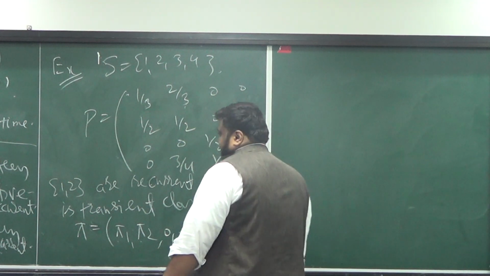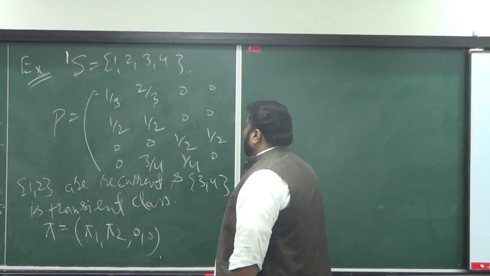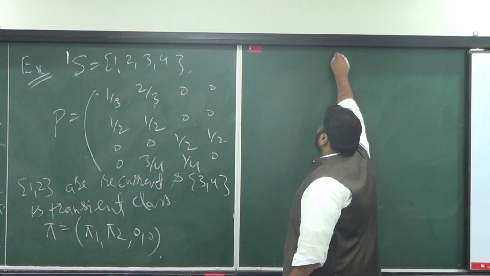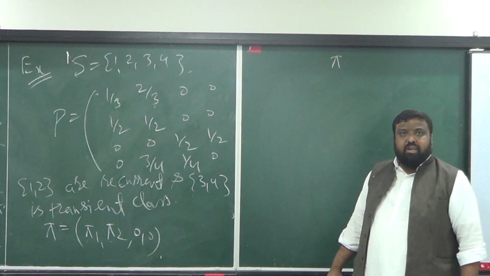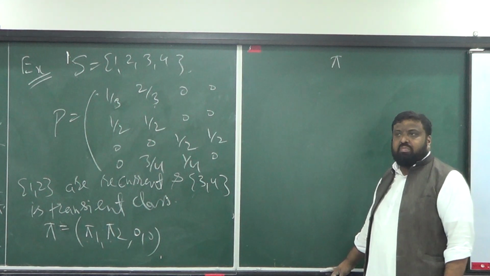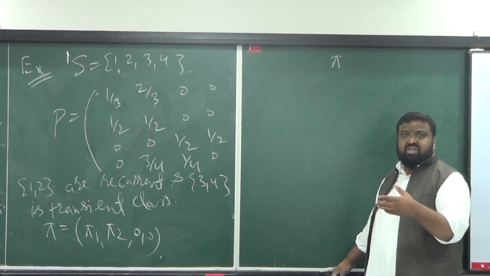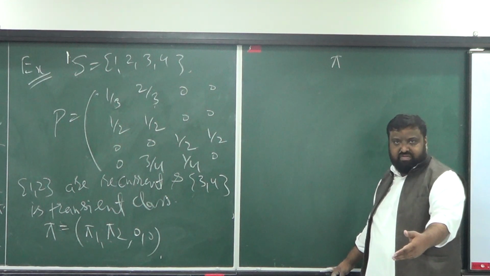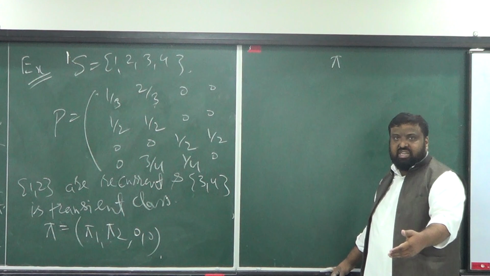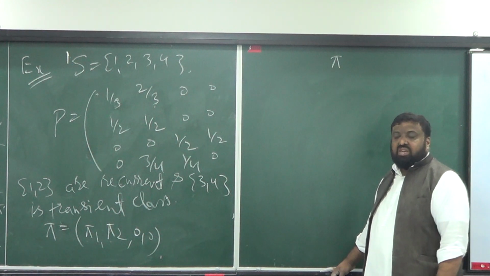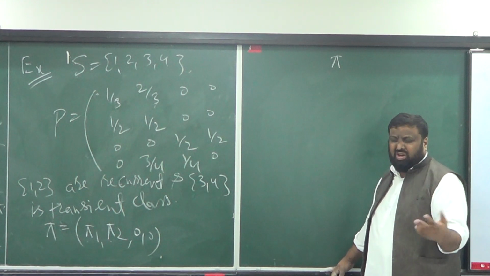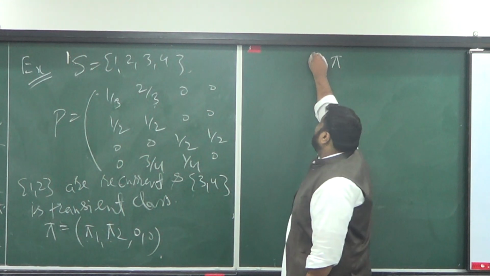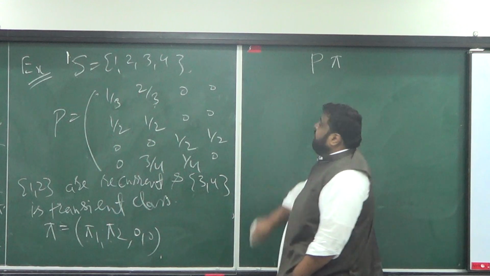How can I compute them? What is the most obvious thing that you can say about the vector pi? If pi represents the distribution of probabilities that you're going to stay in a particular state in the long run, what should be its impact when you multiply it with the transition matrix?